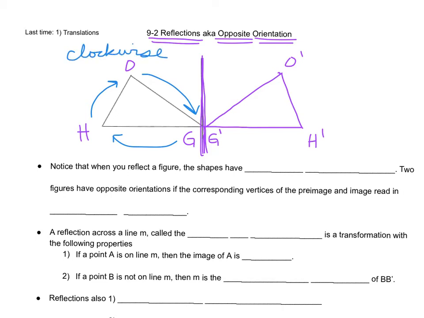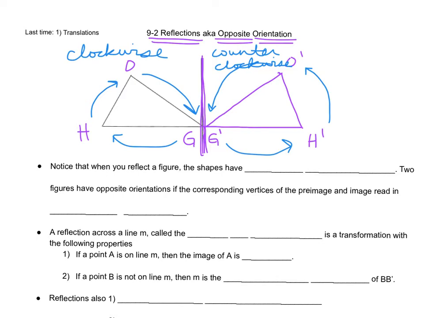That means that when we name the reflection, we will be going counterclockwise. Yes, you'll still match the corresponding parts, but now it will go in the opposite direction when you name it.